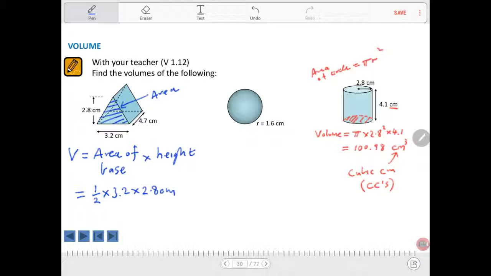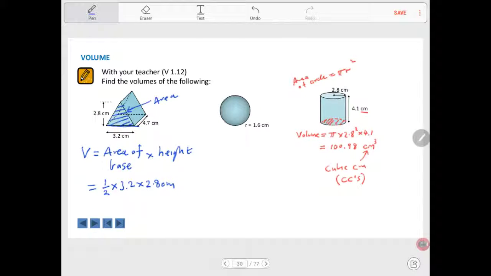So that's a little confusing, because I'm talking about the height and the base area of this prism, but at the same time I'm talking about this triangular shaped base with its own base length, which is 3.2, and a height of 2.8. So consider these are separate. 3.2 is the base length of our triangular base, and the height of our triangular base is 2.8 centimeters, and then separate to that is the height of the prism, which is 4.7 centimeters.